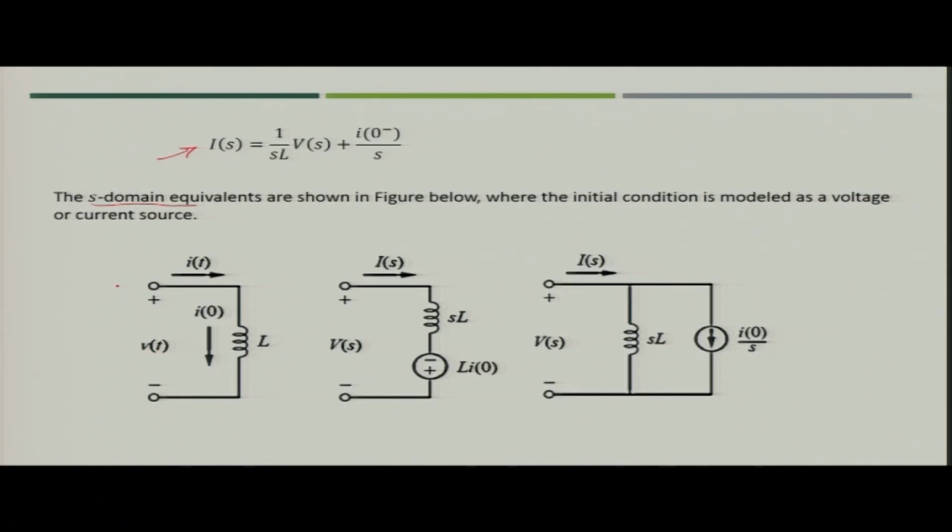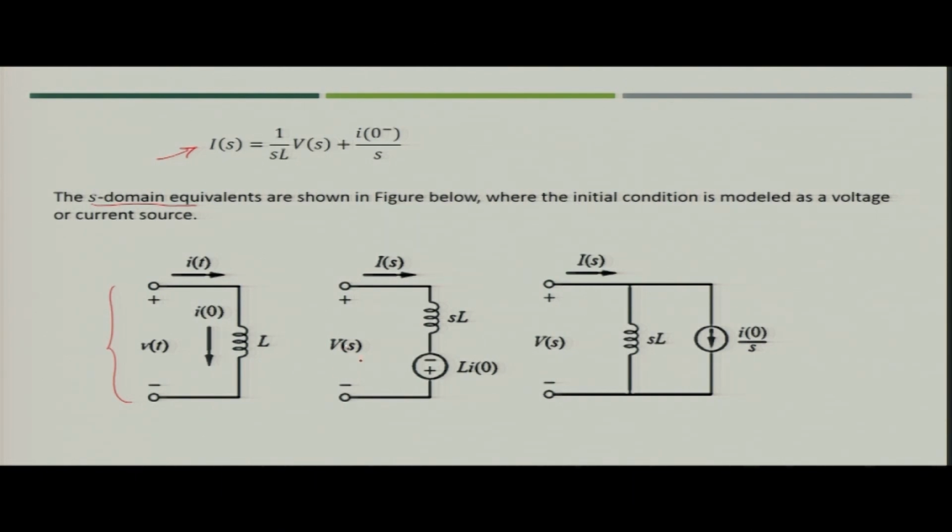So, this is the time domain representation of inductor voltage and current. Now, if we have to convert them into s domain, v(t) will become V(s), i(t) will become I(s).